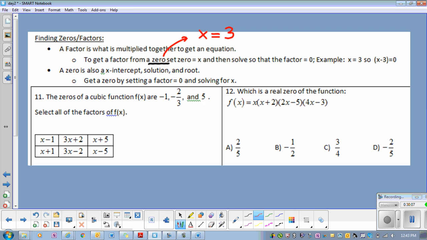To get a factor from that, you want to make it equal 0. Right now it's equal to 3, so make it equal to 0. How do you do that? You subtract that 3, so it becomes x minus 3 equals 0. That's your factor. Does that make sense?